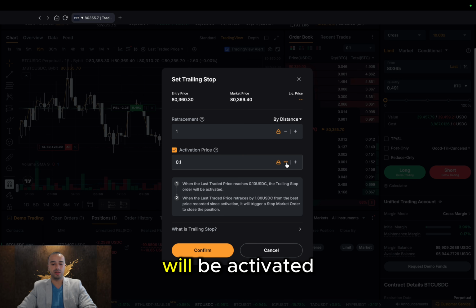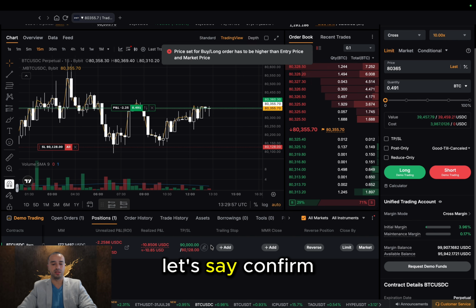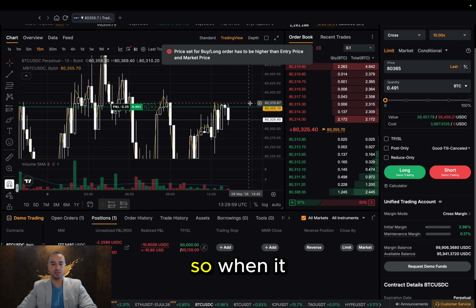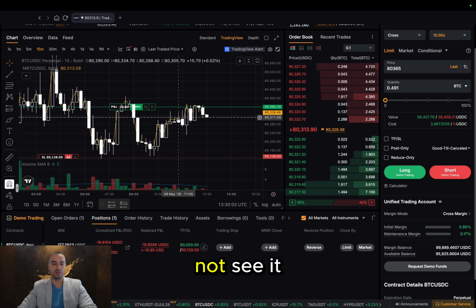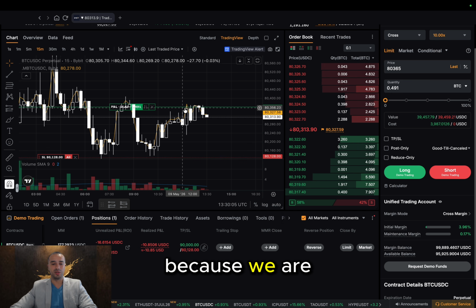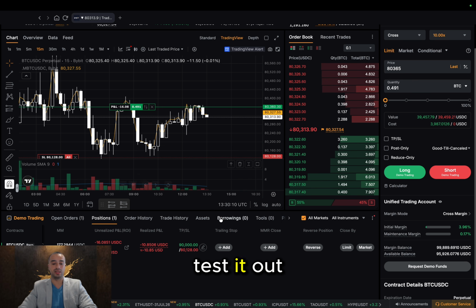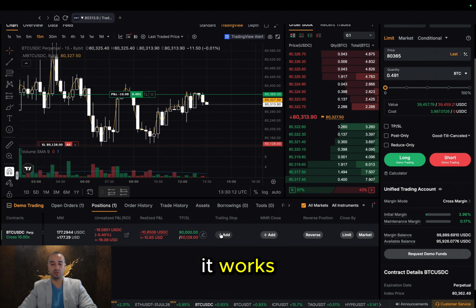This is when it will be activated, after 20 cents of profit, let's say. Confirm. So when it goes above, now it's going below, it will be triggered. We will not see it triggering now because we are on the wrong side of the market, but you can test it out and see how it works.